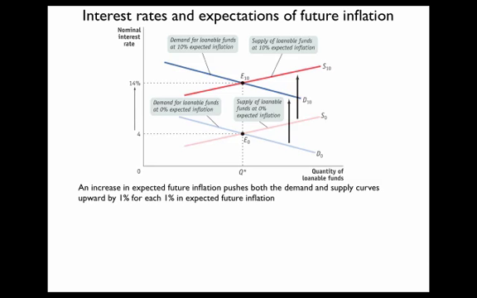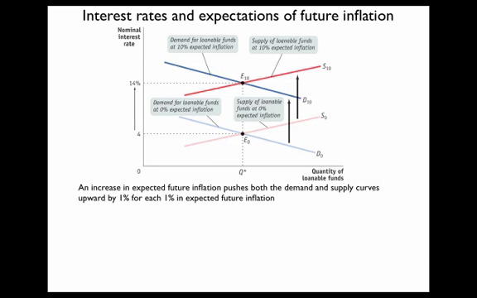So if we start out here in an environment where the equilibrium interest rate is 4%, and we expect a 10% rate of inflation over the course of the year, those supply and demand curves are pushed up by the expected rate of inflation.